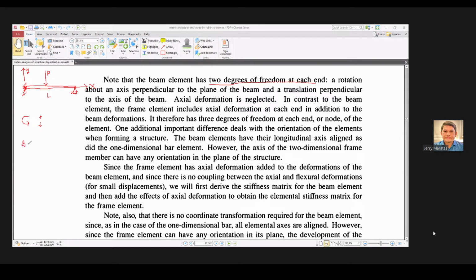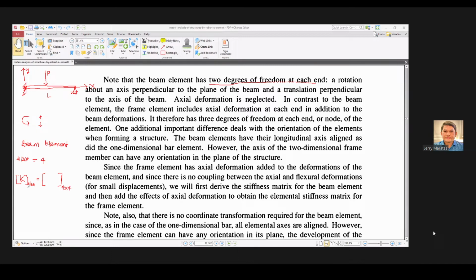Okay, so beam element ka, so total number of degrees of freedom is 4. Okay, so you have to expect that your elemental stiffness matrix is 4 by 4.